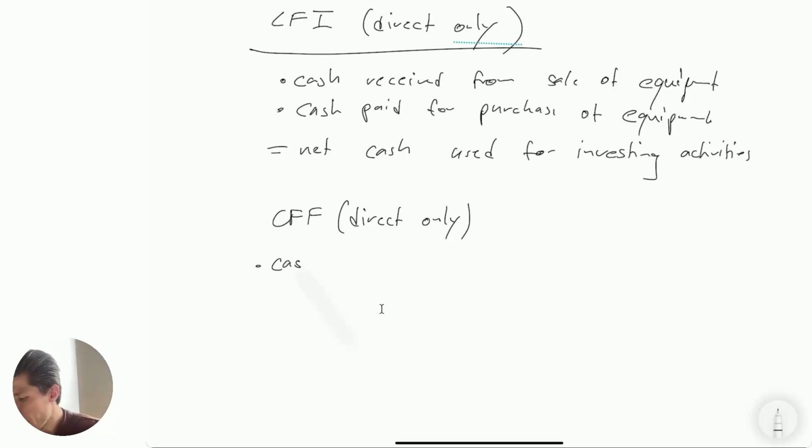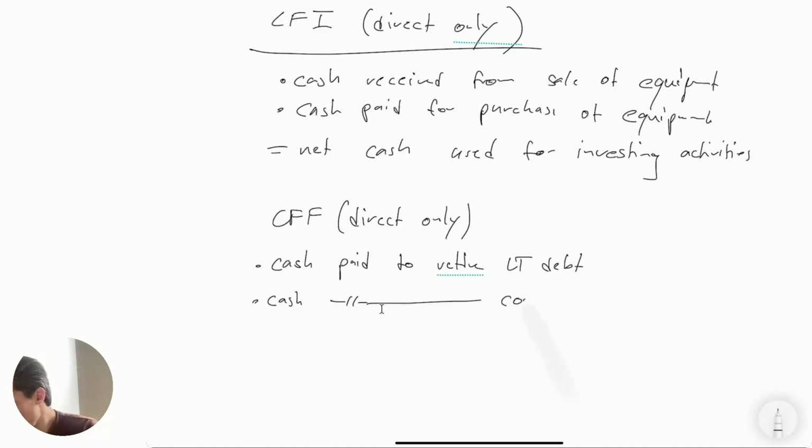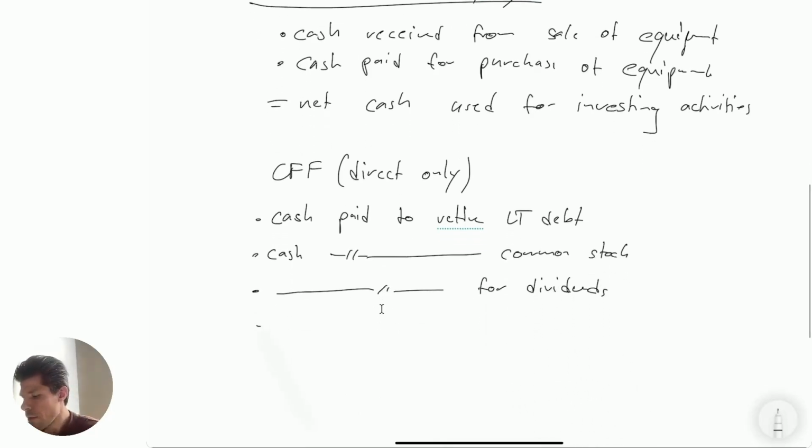Here we have cash paid to retire long-term debt, cash paid to retire common stock, cash paid for dividends, and then you have net cash used for financing.